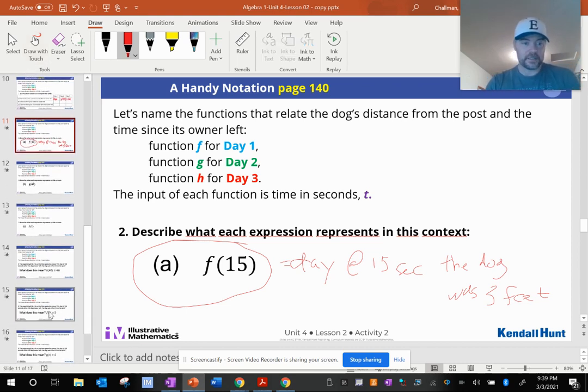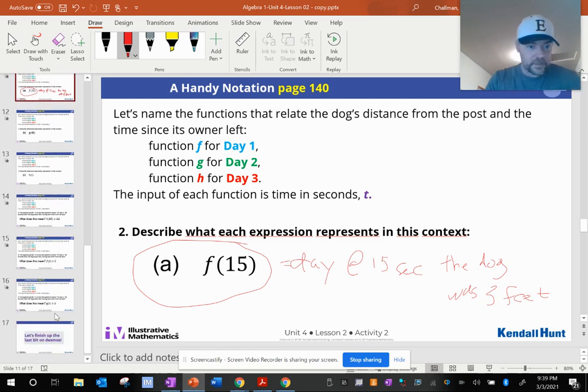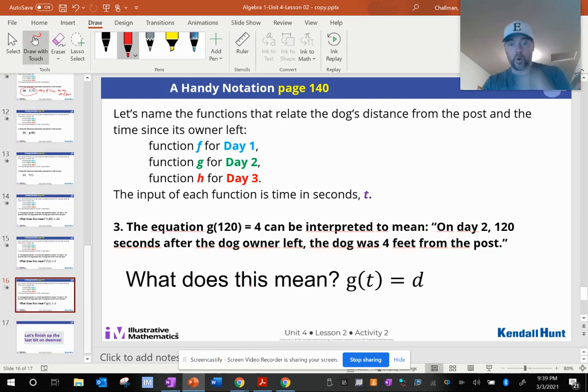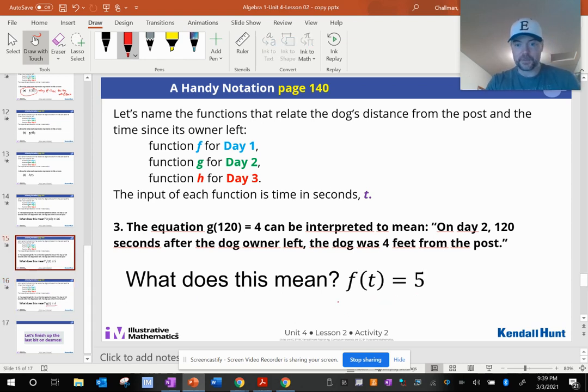Now let's look at something in reverse. Oh, this is interesting. Let's look at this one down here. f of t equals 5. We're still looking at day 1 because this is function f, so we're looking at the day 1 graph.